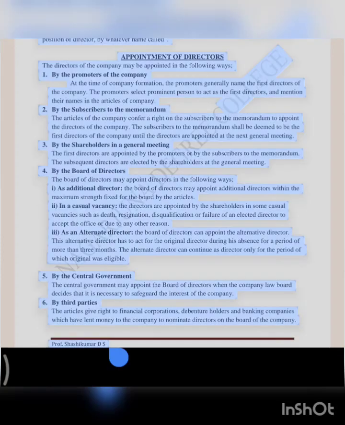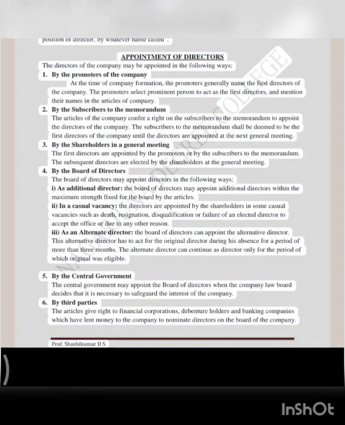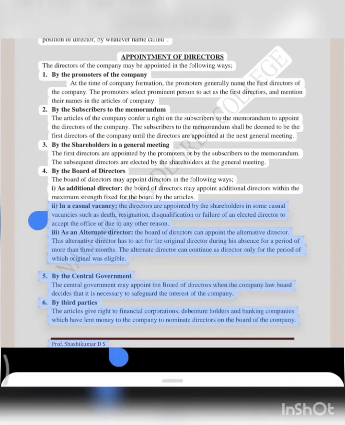In a casual vacancy, the directors are appointed in some casual vacancies such as death, resignation, disqualification or failure of an elected director to accept the office or due to any other reason.